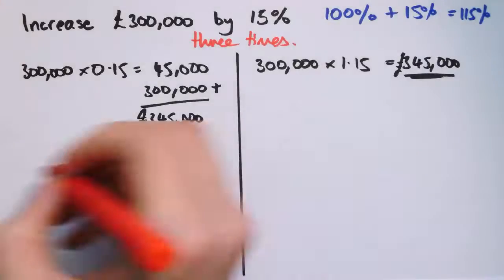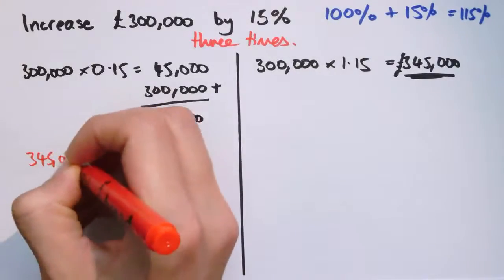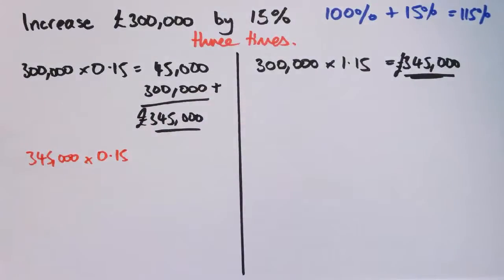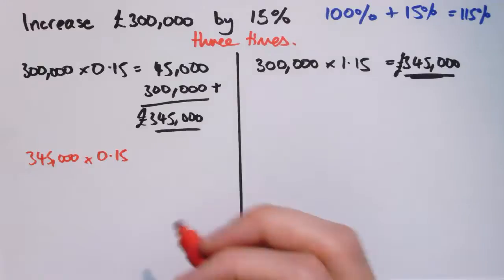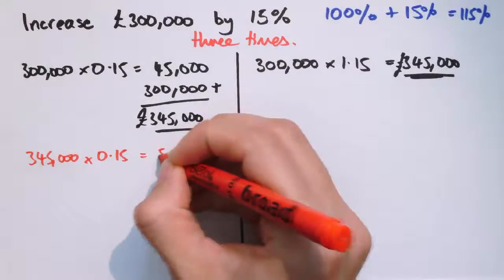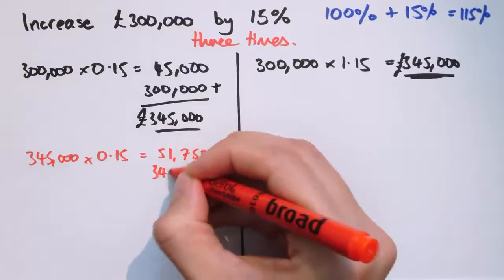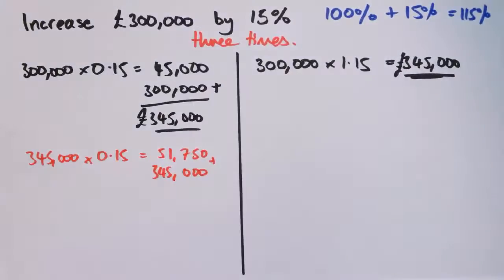So I'd have to say, okay, well, £345,000 times 0.15, that's 51,750, and now add that on to 345,000, which gives me 396,750.